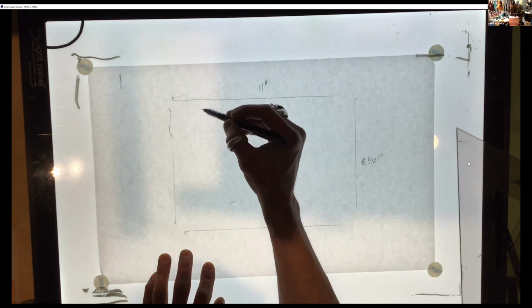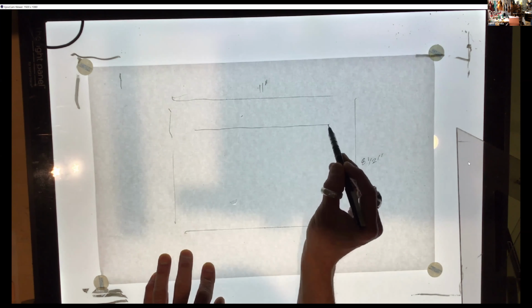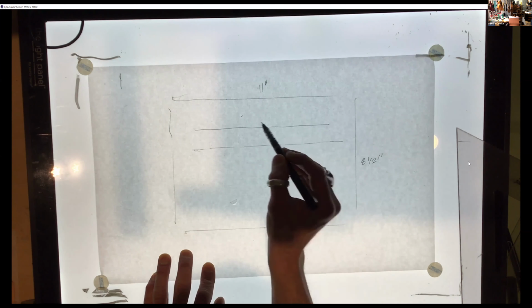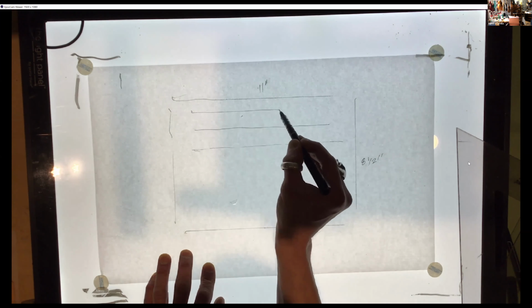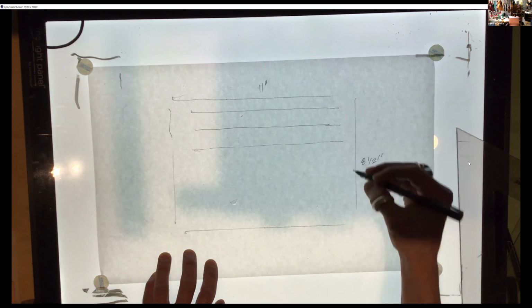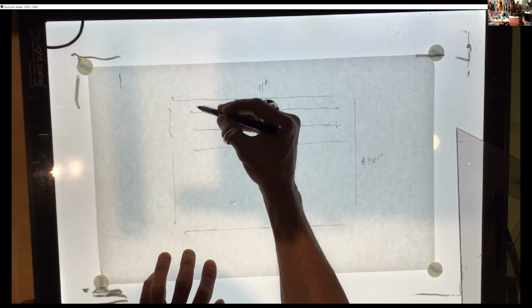So I need 26 letters. One way to start is to try to evenly space some parallel lines.